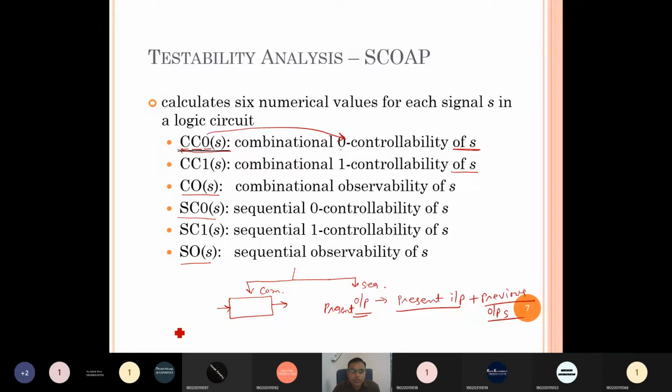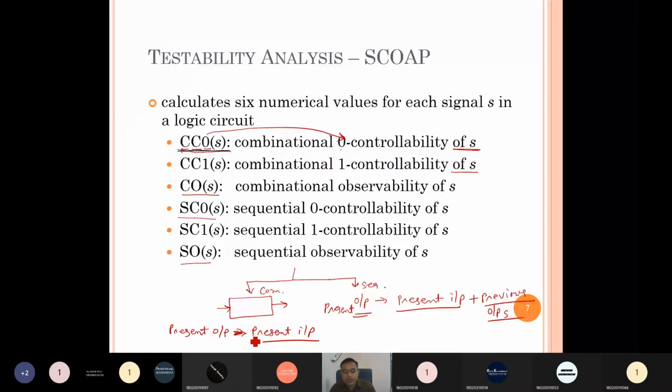And in a combinational circuit, the present output depends only on the present input. It is a function of only the present input. Then we can say the circuit is a combinational circuit.